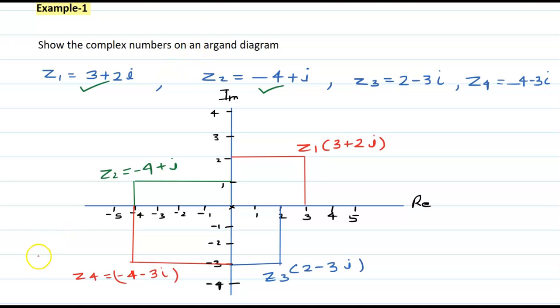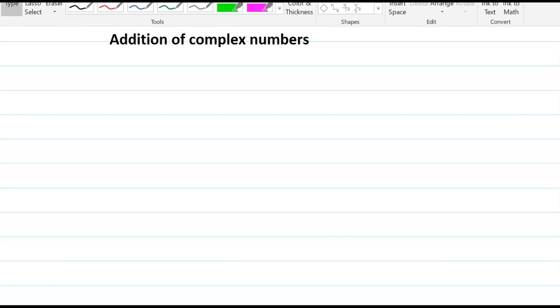Okay, now let's go to another question: addition of complex numbers. Let's take our first example. z1 equals 4 plus i, and z2 equals 3 plus 3i, and we need to add them.